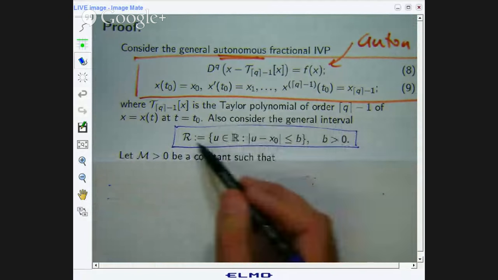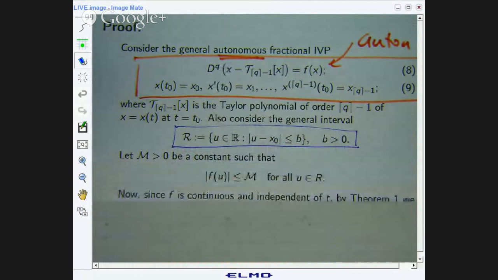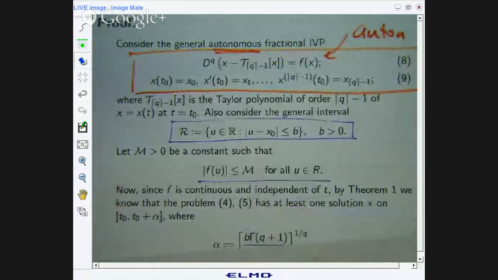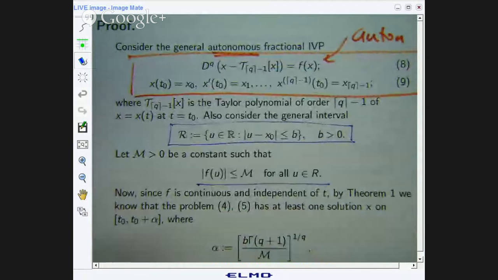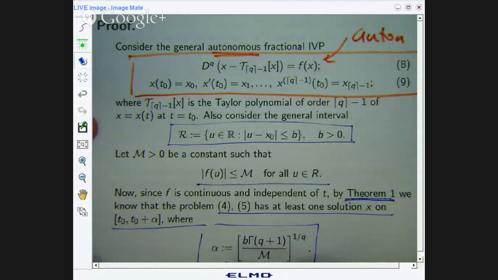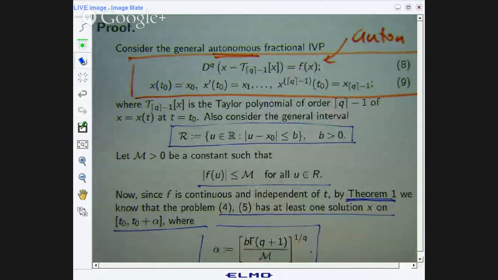It's more of an interval than a rectangle here. But I've just used R to be a little bit more consistent. You have your general bound of f on M. And again, by Theorem 1, or a slight variant of Theorem 1, we know that the problem has at least one solution on this interval for this magic alpha. Here, not using a minimum because f is not dependent on t. All right?